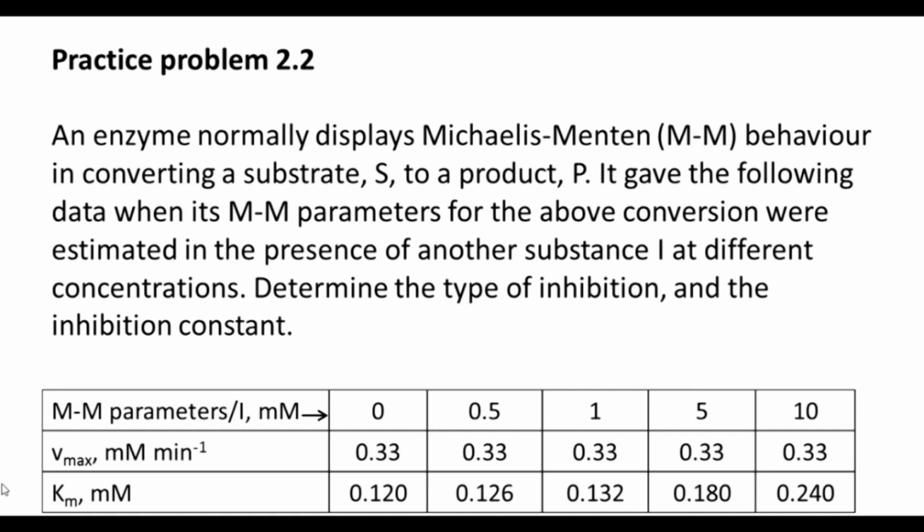You are given the Michaelis-Menten parameters here, Vmax in millimolar per minute and Km in millimolar, and the inhibitor concentrations in millimolar are given as 0.5, 1, 5 and 10. So these are the Michaelis-Menten parameters that were obtained, Vmax and Km, at various inhibitor concentrations. You are asked to find the type of inhibition and the inhibition constant Ki. Go ahead and do it. When we meet in the next lecture, we will take things forward.